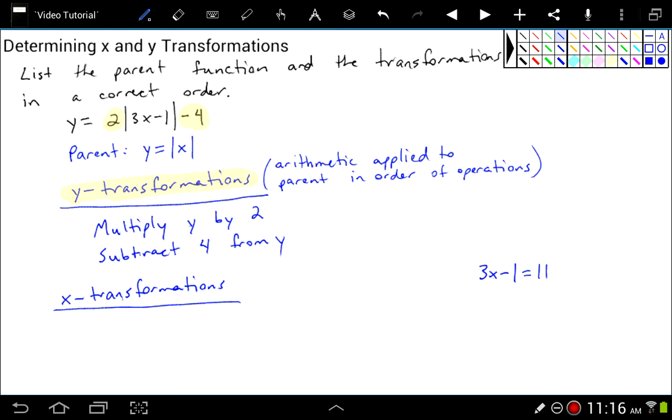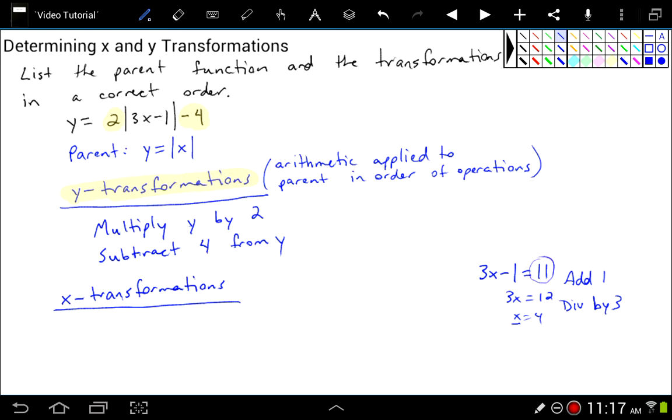Okay? So to solve for x here, I would add 1 and divide by 3. So add 1, divide by 3. That tells me what to plug in. Okay? Now, what's interesting about this is, it doesn't matter what this number is. Right?